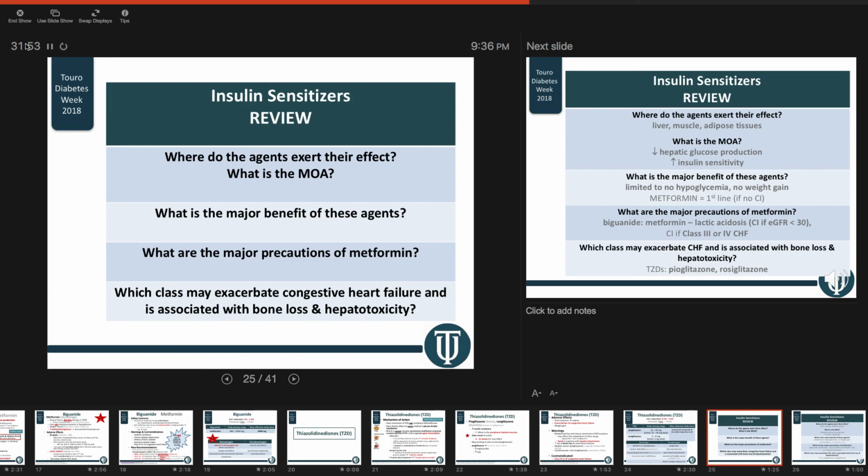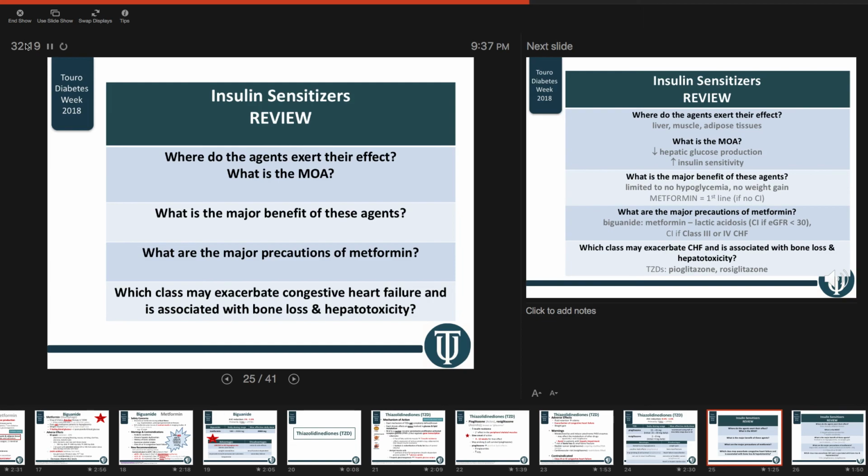So let's review the key concepts of insulin sensitizers. There are 4 questions, and at the end of each big class, we will have these review slides for you to gather the main points. The first question is, where do the agents exert their effect?